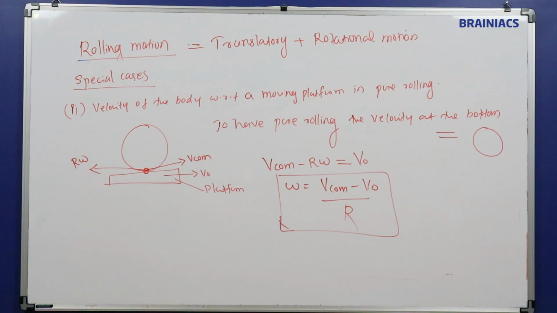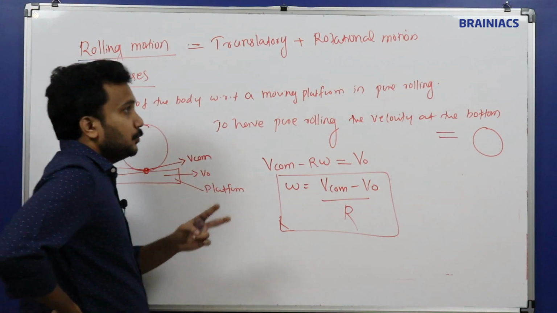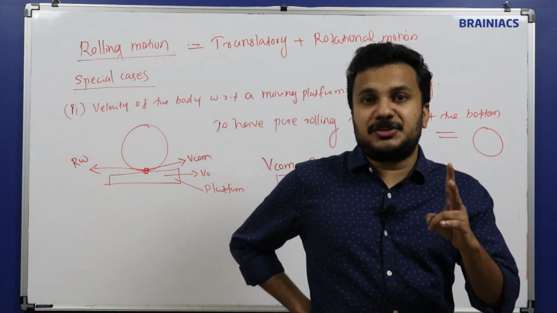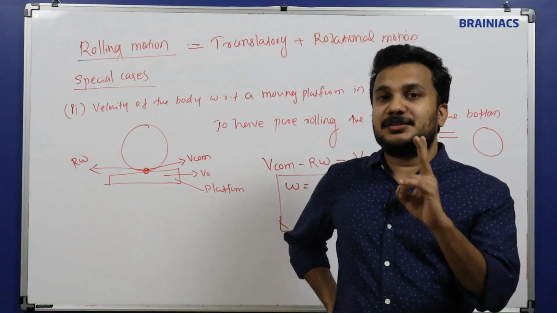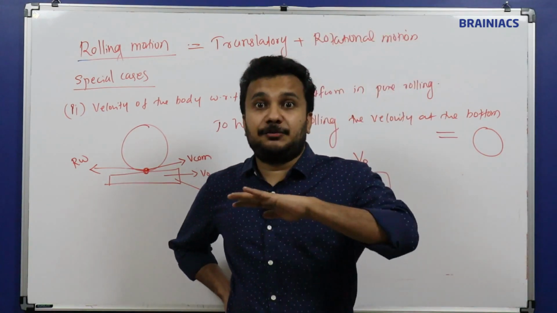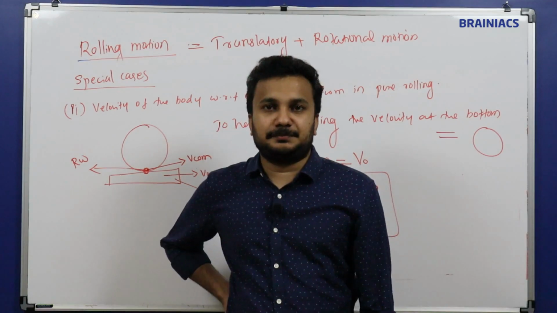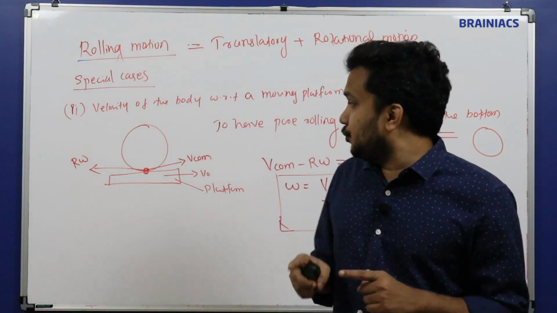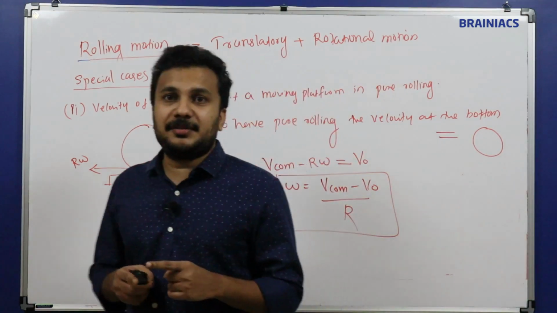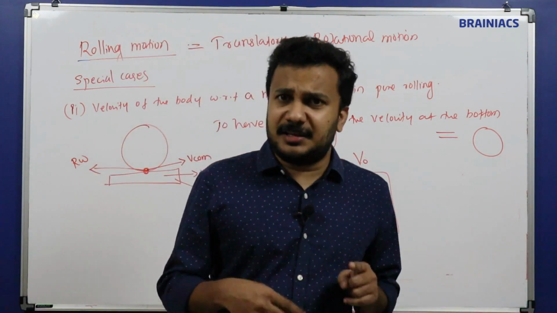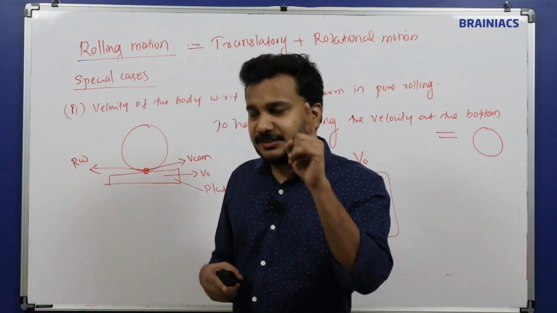So two special cases. One special case is with respect to ground, another special case is with respect to the platform. These two special cases we have defined with the velocity. Can we define the same case with acceleration? Yes, we can do.